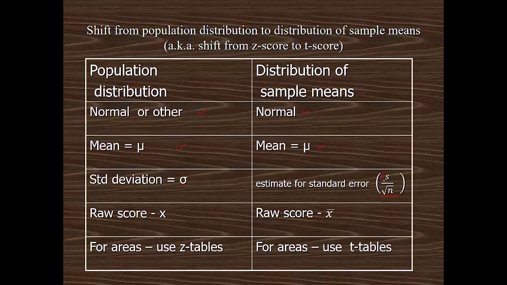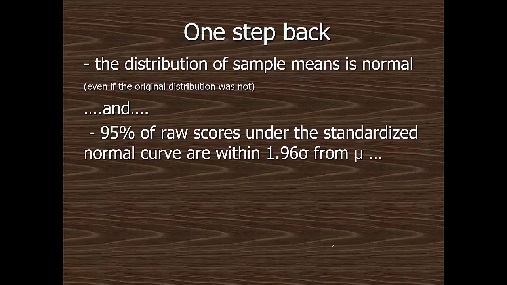And note that we're using S as an estimate of sigma. The raw score is X. Here, the raw score is X bar, which is a sample mean. For areas, use Z tables, and for areas under the distribution of sample means, we're going to use T tables, and you'll see how in a sec.